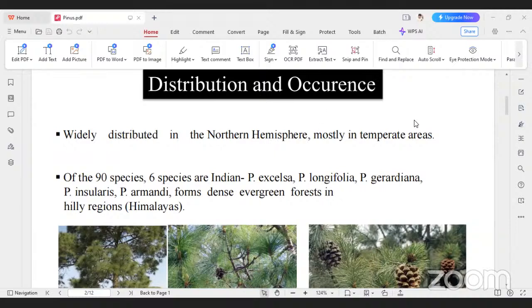First of all, in general character or any type study, first we discuss distribution and occurrence. Let's see here.